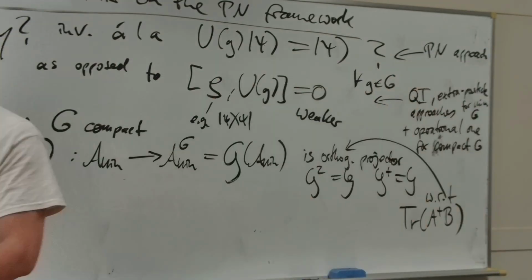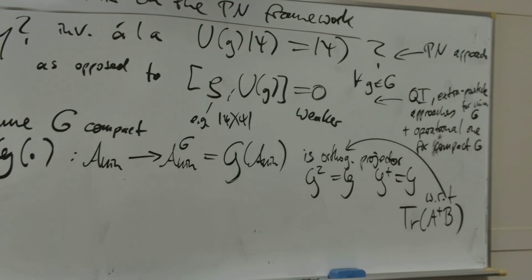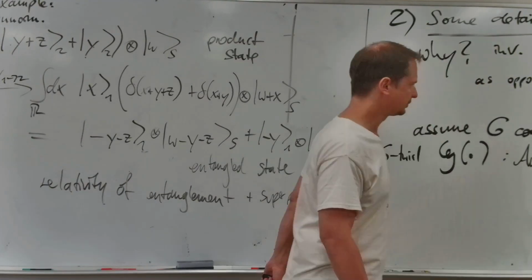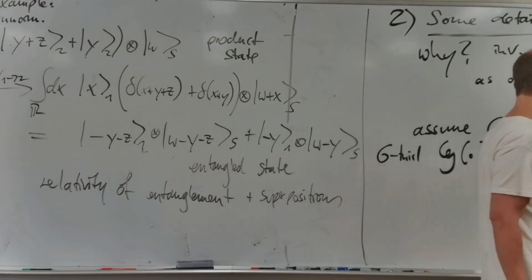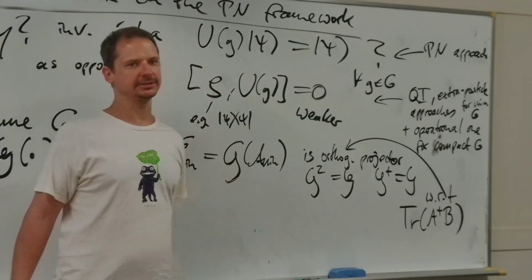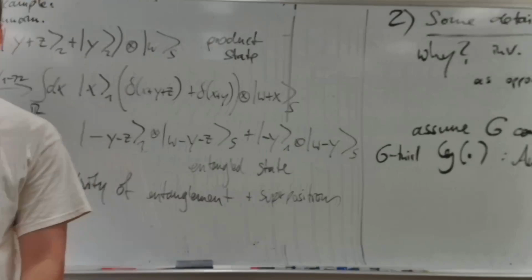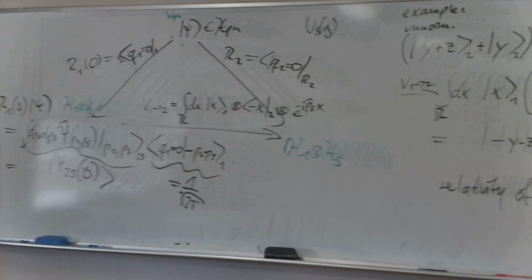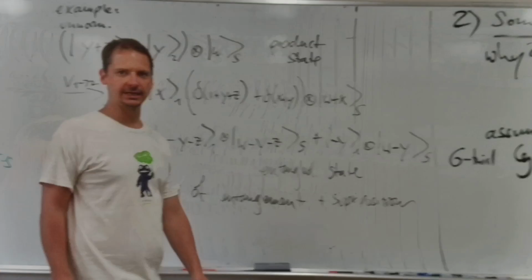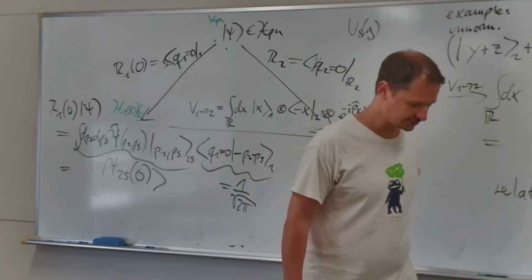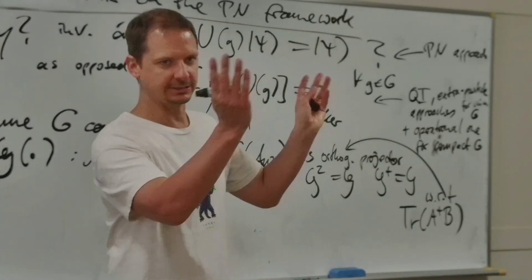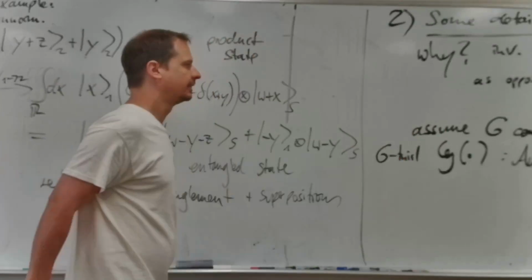This is not very hard to check, but let me not do it in practice. The first and second conditions are really simple to check, because this has to do with the fact that I'm integrating over the full group and conjugating by u dagger. If I have a unitary representation, then u dagger of g is just u of g inverse, and I can relabel group elements and so on, and you can see that that's true.